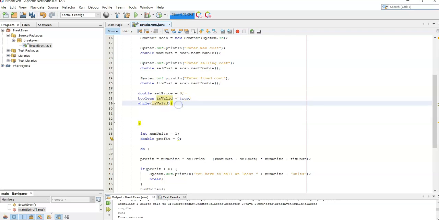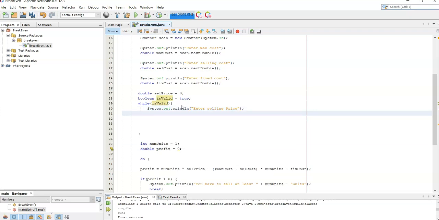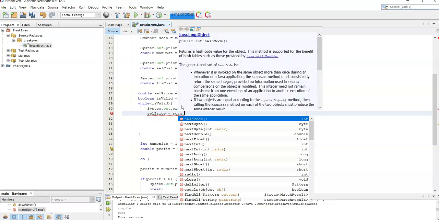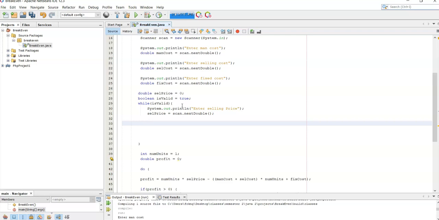Okay, so I'm in the while loop right now. We are asking the user to enter selling price, and sellPrice equals scanner.nextDouble, right? Now here we need to check the selling price.